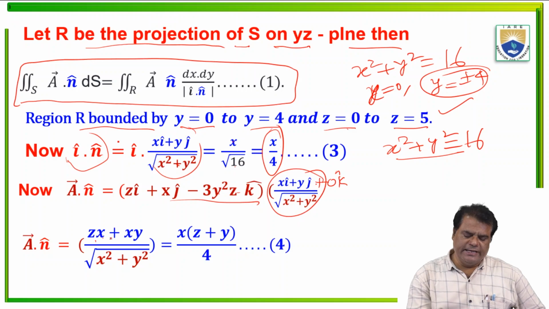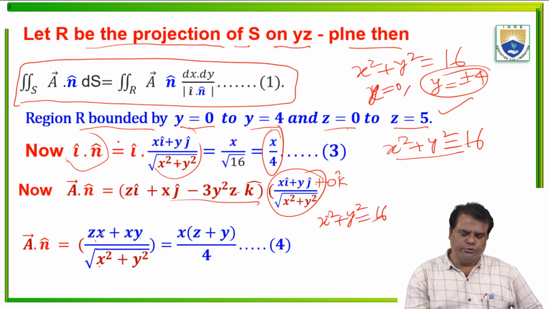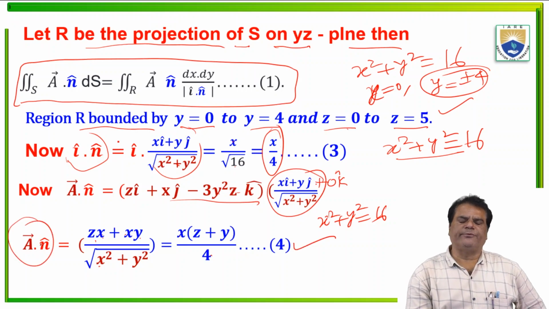We get only zx plus xy upon under root x square plus y square. So here x square plus y square is 16. Putting this value here, x is common. z plus y upon 4. This is A vector dot n cap.